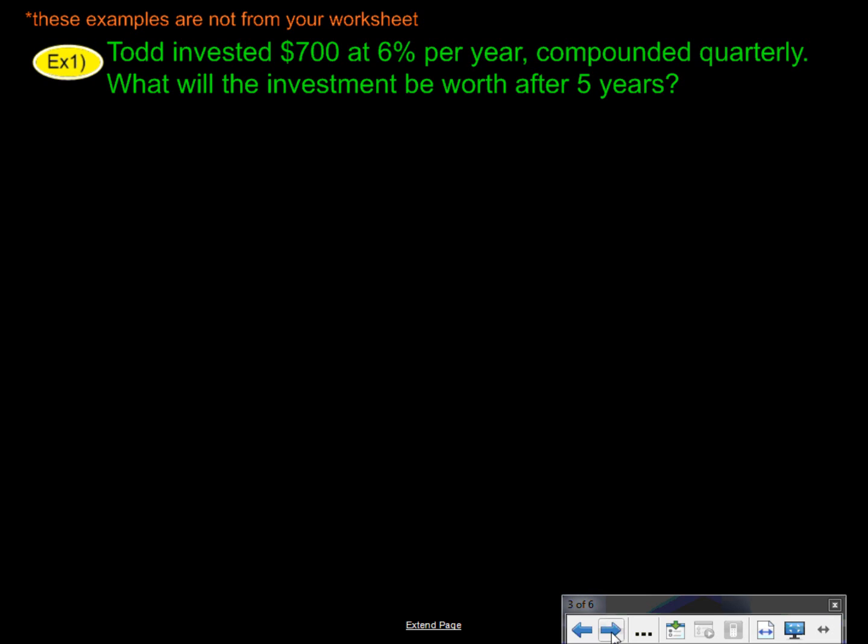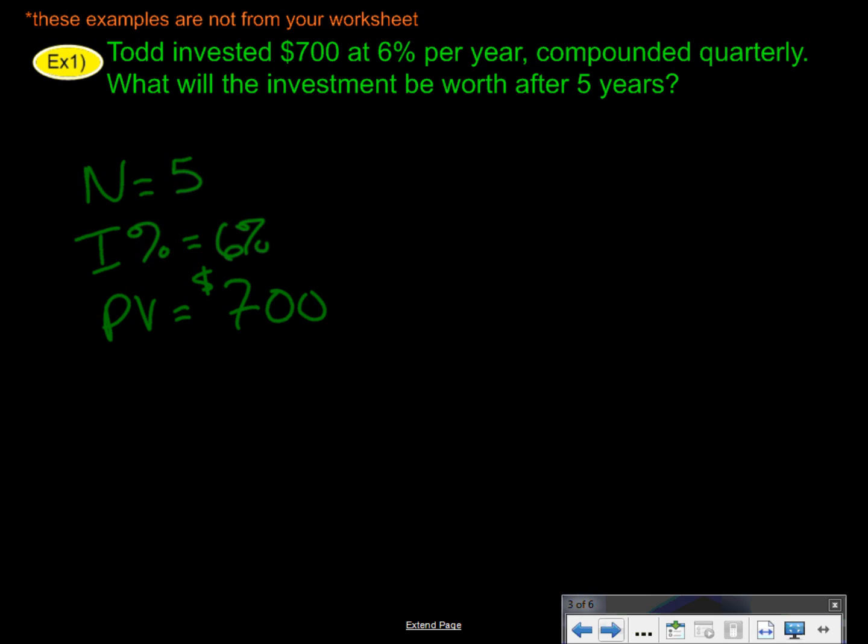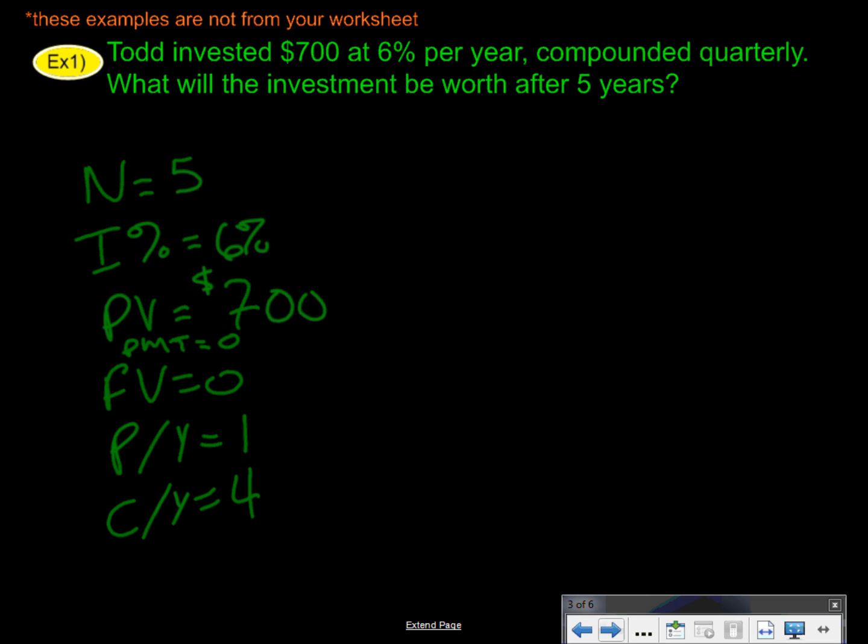On a test, you want to write N equals 5 years, I percent equals 6%, PV, our present value, is $700, PMT equals 0, FV is 0, P/Y is 1, and C/Y is how many? Quarterly again, 4.